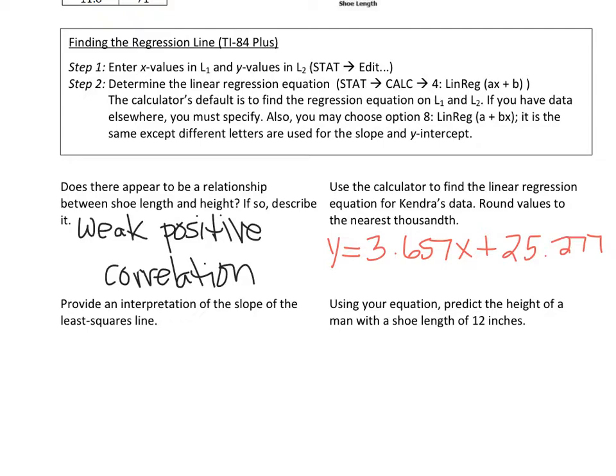Provide an interpretation of the slope of the least squares line. Well, the slope is 3.657, and this is referring to the change in height versus the change in shoe length. So let's go ahead and jot that down. I'm going to start typing here.